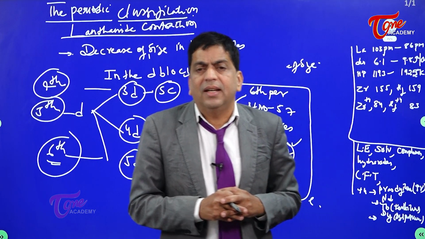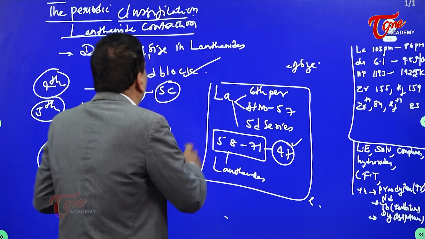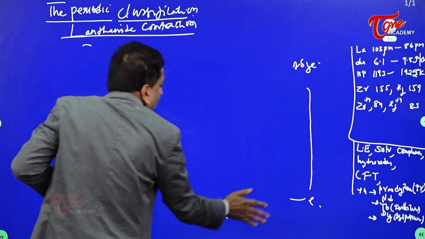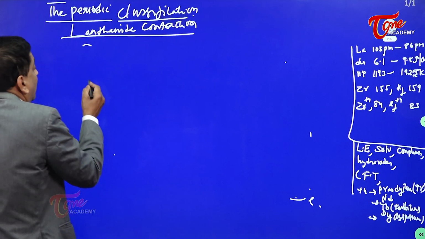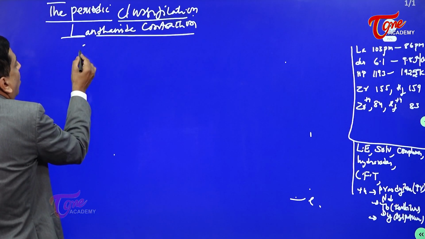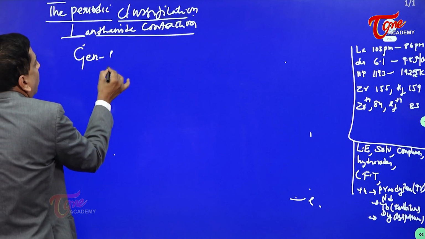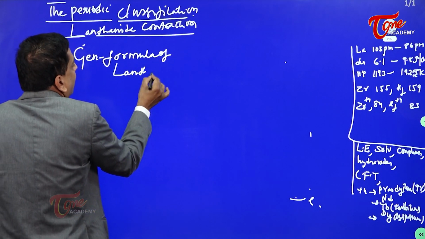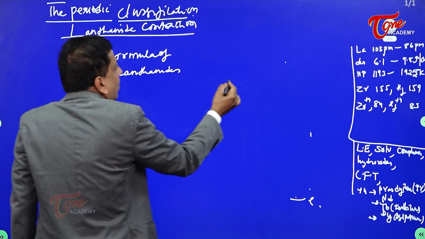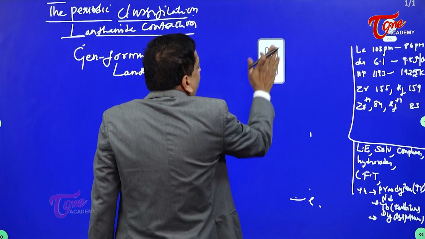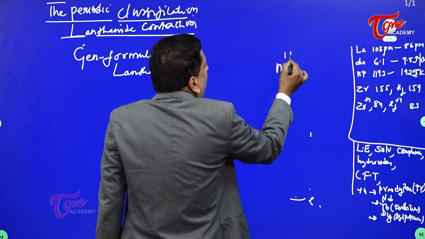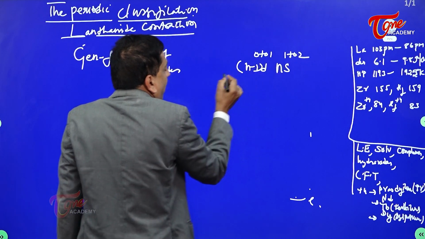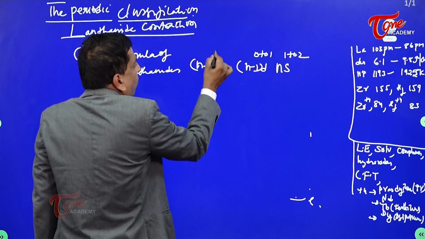After you know what lanthanides are, understand the general formula of lanthanides: ns 1 to 2, (n minus 1)d 0 to 1, (n minus 2)f 1 to 14.